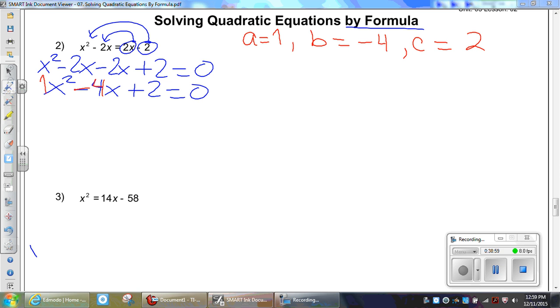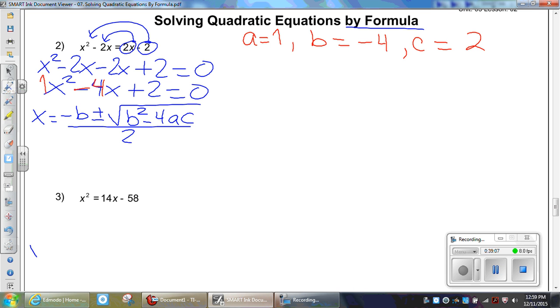Now, with the quadratic formula, which is negative b plus minus the square root of b squared minus 4ac, everything divided by 2a, we need to make sure to substitute the values for b, for a, and c. So that will be negative, from the formula, and then negative 4.